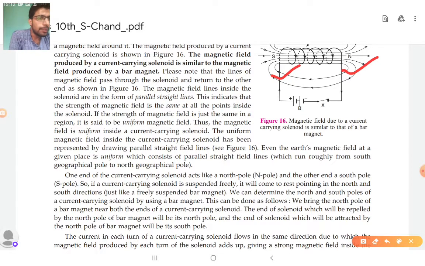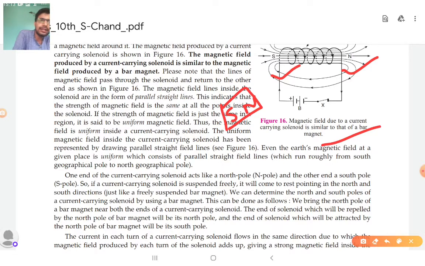Suppose I am bringing a bar magnet here, and this is the north pole of the bar magnet and this is the south pole. At first we bring the north pole of the bar magnet near both ends of the current carrying solenoid. The end of the solenoid which is repelled by the north pole of the bar magnet will be its north pole, and the end which is attracted by the north pole of the bar magnet will be its south pole.